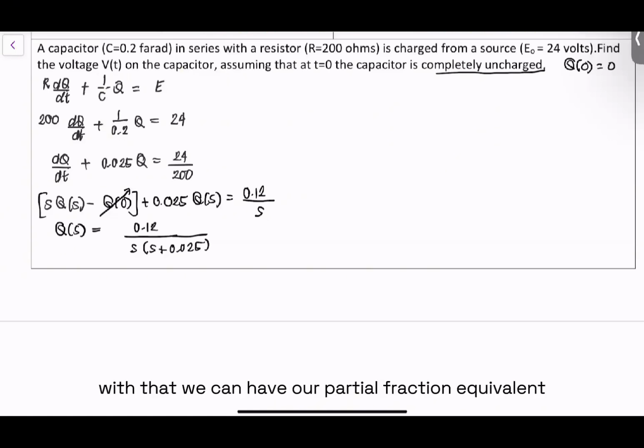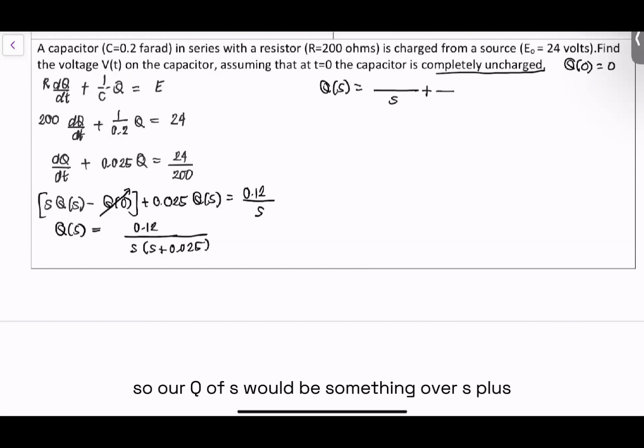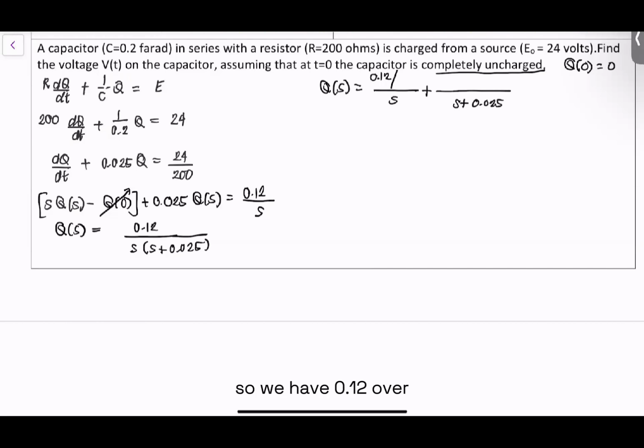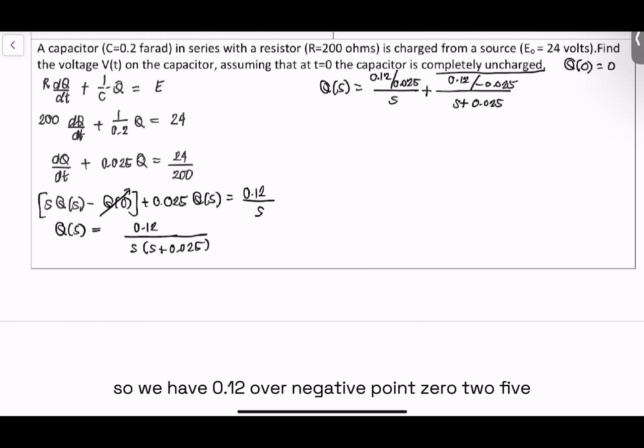With that, we can have our partial fraction equivalent. So our Q of s would be something over s plus something over s plus 0.025. So we have 0.12 over, when s is 0, so we have 0.12 over 0.025. When s is equal to negative 0.025, we have 0.12 over negative 0.025.